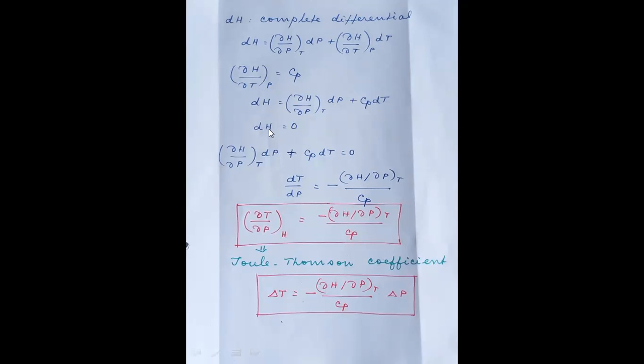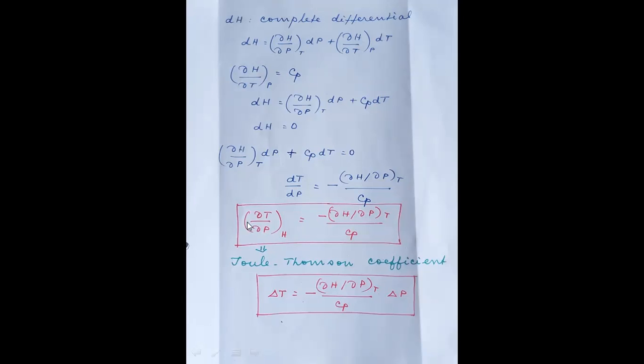You know one thing, dH is equal to 0 because the entire process is an isenthalpic process. So for an isenthalpic process, the enthalpy change is 0. So I can write (∂H/∂P) at constant temperature into dP plus Cp dT is equal to 0. From this I can relate dT/dP, the change of temperature with pressure, as equal to minus (∂H/∂P) at constant temperature divided by Cp.